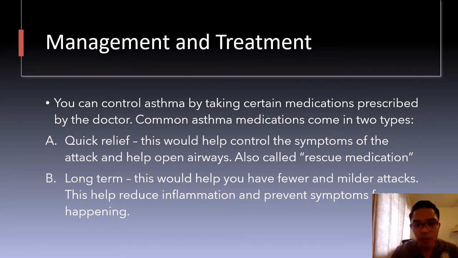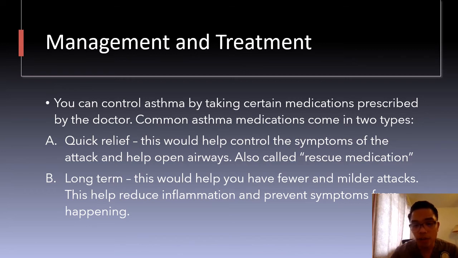Most of the time we give medications such as bronchodilators, and there are two different kinds. Quick relief, which we call rescue medication, helps open up your airways and control the symptoms when there are flare-ups, and it is usually used when your asthma triggers. And then long-term is what we call a maintenance medication.